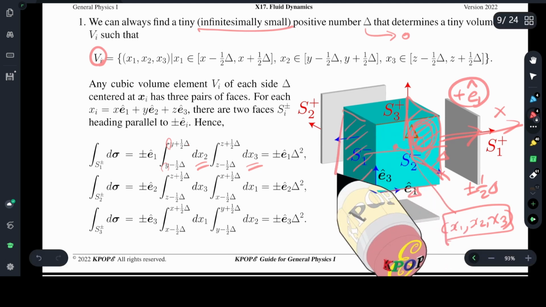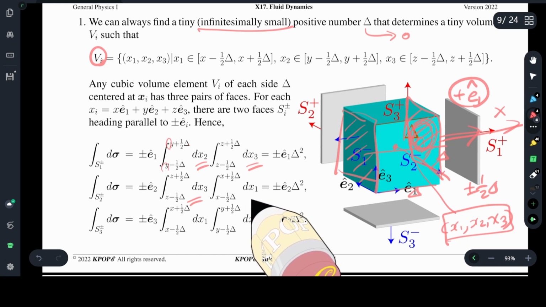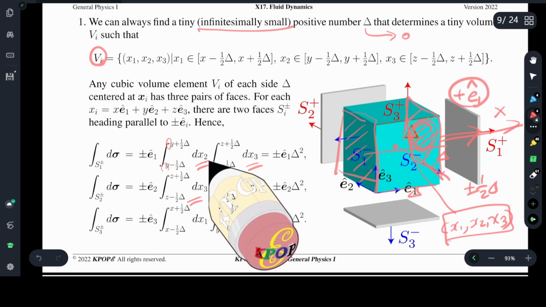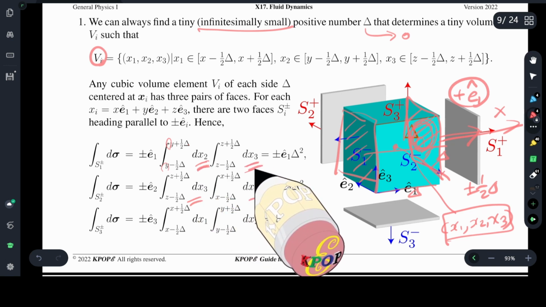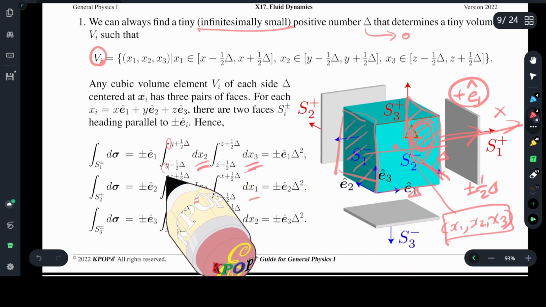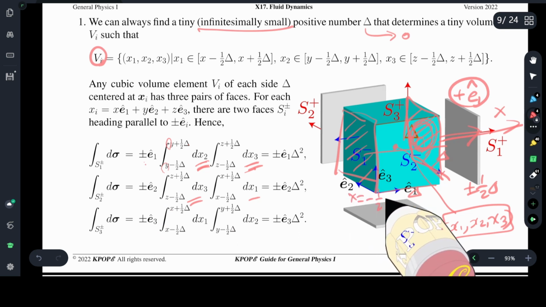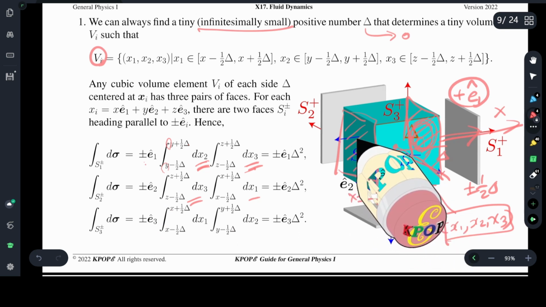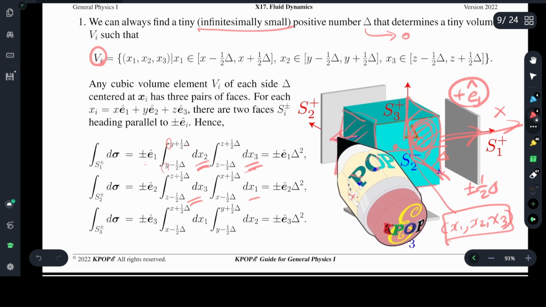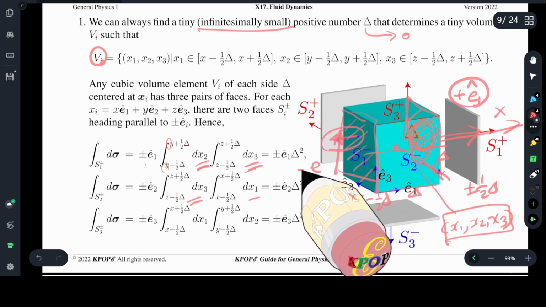The other side can be parameterized as the double integral over y and z again. However, at x equals minus 1/2 delta, the surface is heading toward the negative direction. So this unit vector should be minus e1.